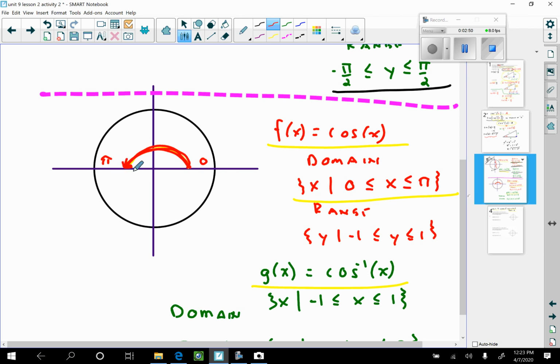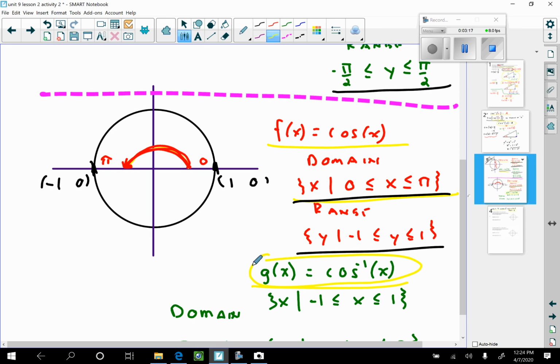The range is still between -1 and 1, since we're talking about x values now. We restrict the domain from 0 to pi so that I can talk about inverse cosine.